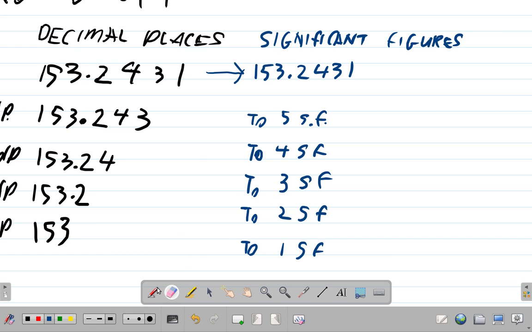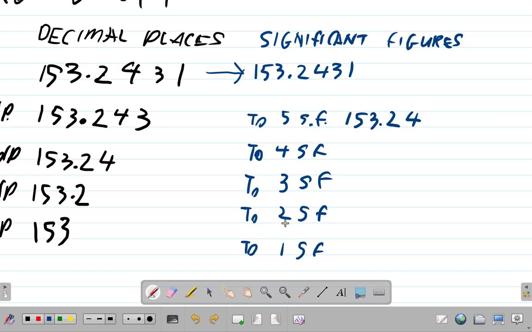The first digit that we see that is not 0 is 1. That's the first significant figure. Then 5, that's the second, third, fourth, fifth. So, the 5 significant figures, we have 153.24. That's the 5 significant figures.